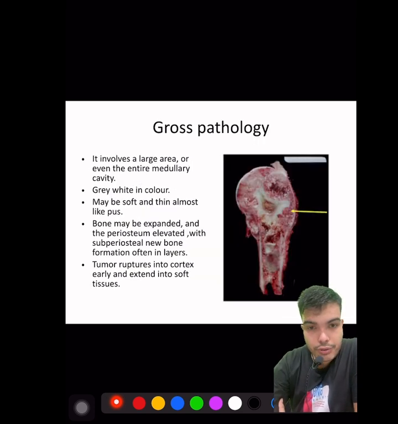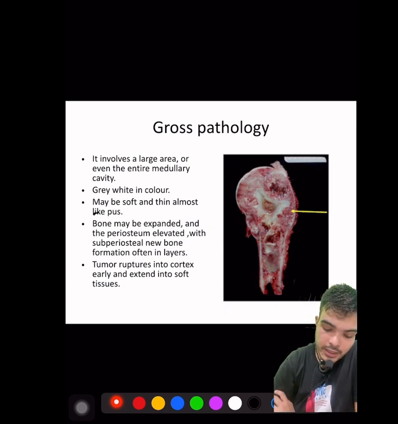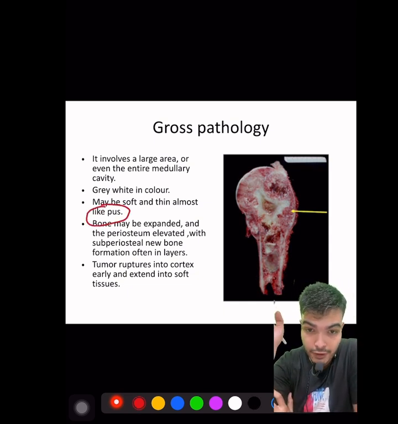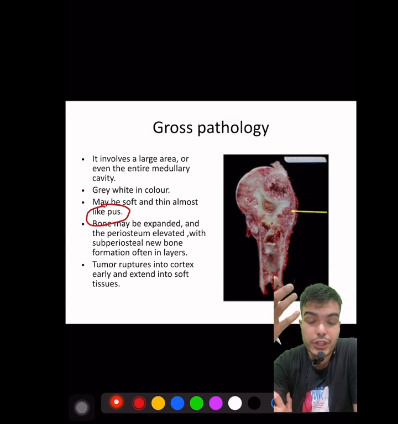If you look into the gross pathology of Ewing sarcoma, it involves a large area, even the entire medullary canal, gray-white in color, may be soft, thin, almost like pus. See here, this word, like pus. In my first words, I told you that it resembles an infection, right? Similarly, radiologically also you can see the infectious pattern.